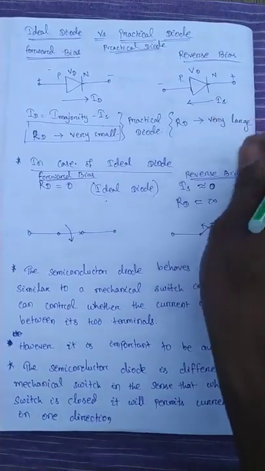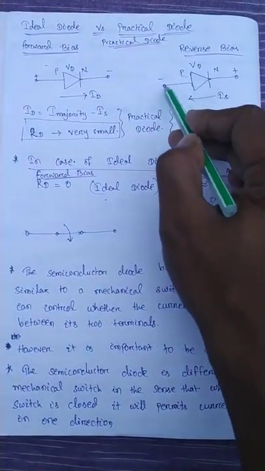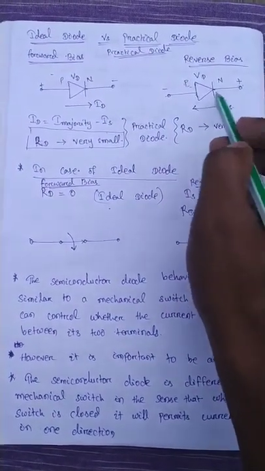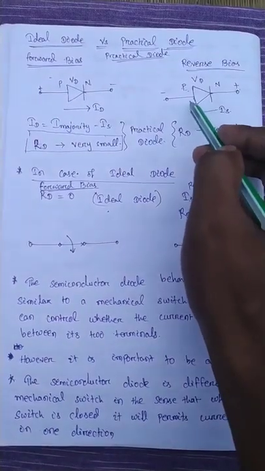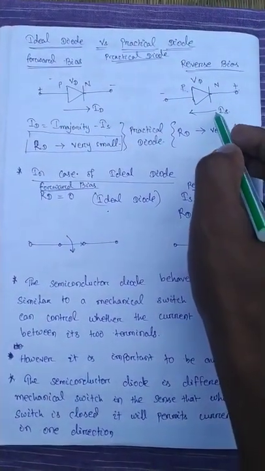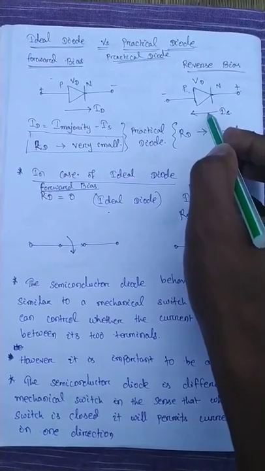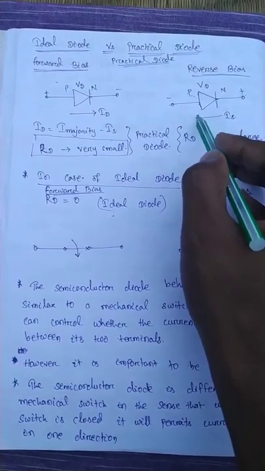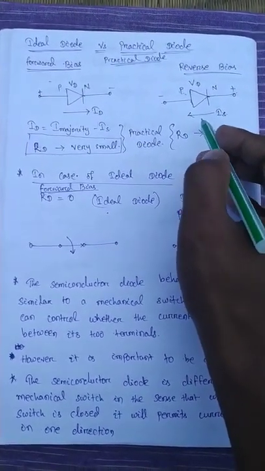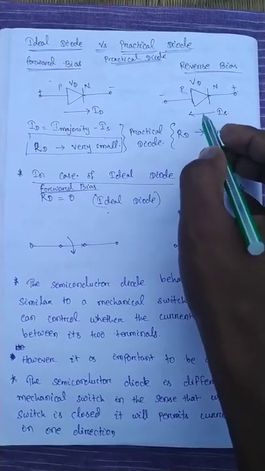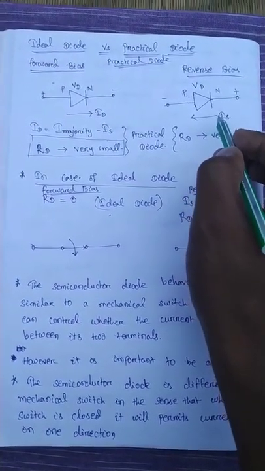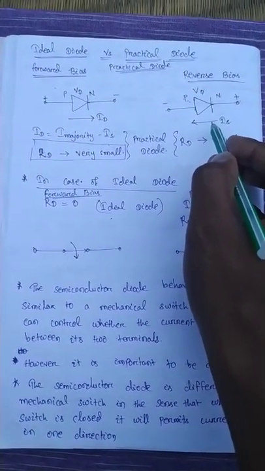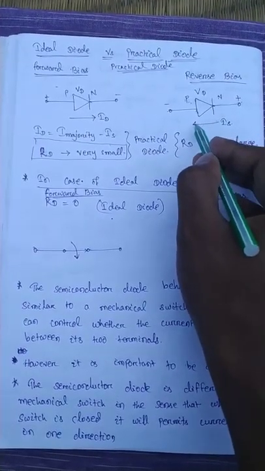In case of reverse bias, when the p side is connected to the negative terminal of the supply voltage and the n side is connected to the positive terminal of the supply voltage, this condition is known as the p-n junction under reverse bias. As a result, the depletion region becomes wider and it will provide a large resistance path for the majority charge carriers to flow, but some minority carriers will drift across the junction, and due to these minority charge carriers, a very small amount of current, known as the reverse saturation current, in the order of microamperes, flows in this direction, as you saw in this diagram.